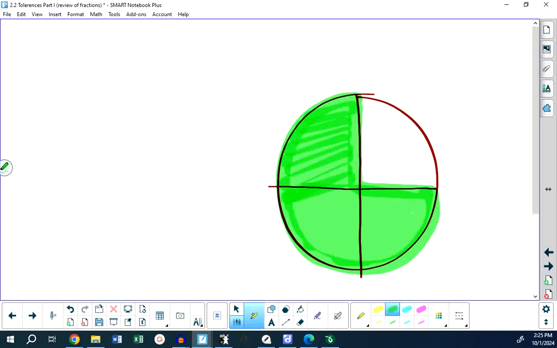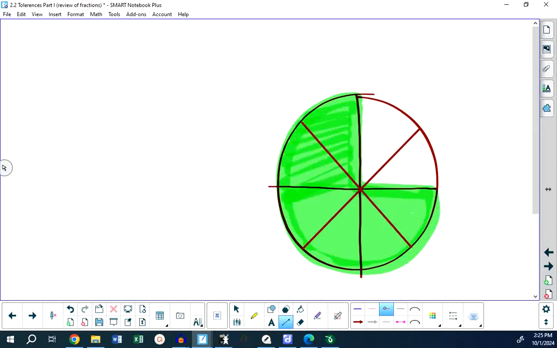Okay, well, most pizzas aren't cut into 4, they're cut into 8s, aren't they? So if I cut this into 8s, are there 8 pieces now? How many of them are shaded in? 6, right? 3/4, 6/8, same thing.